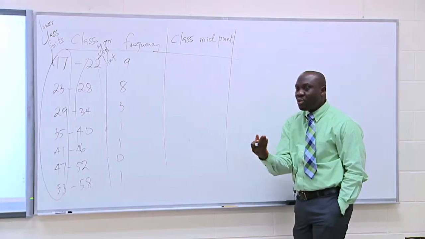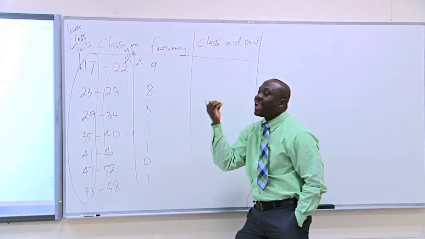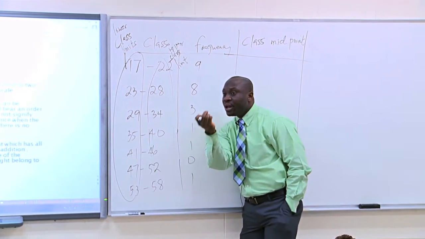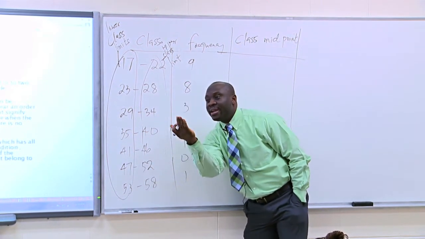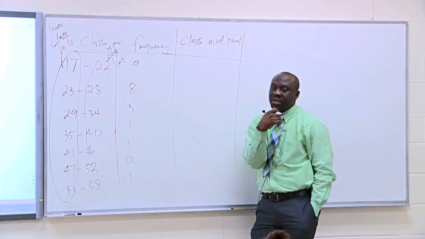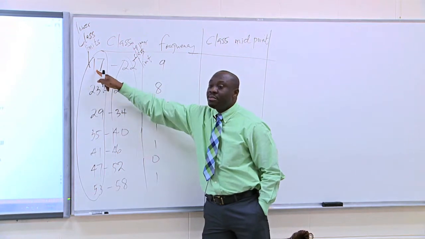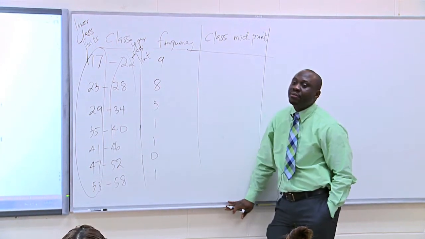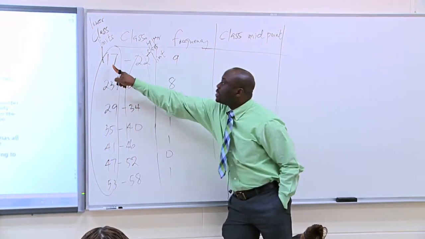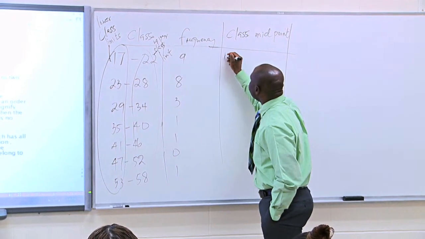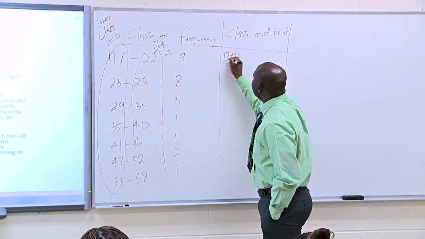So by definition, one can say that the midpoint is the average of the lower class limit and the upper class limit. If average doesn't make sense, what we are trying to say is add these two numbers and divide by 2. You have the class midpoint. So 17 plus 22 divided by 2.